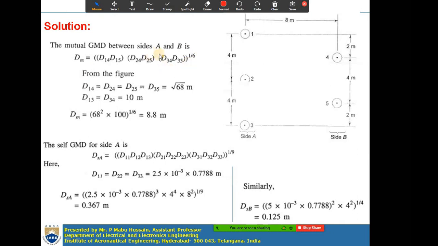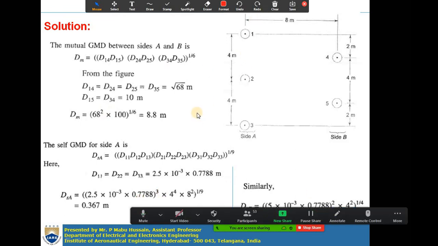So, to calculate the inductance you need the mutual GMD dm and the self GMD of side A as well as side B. First, you determine the mutual GMD.